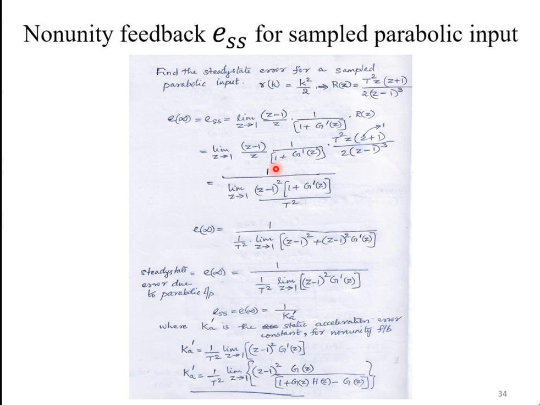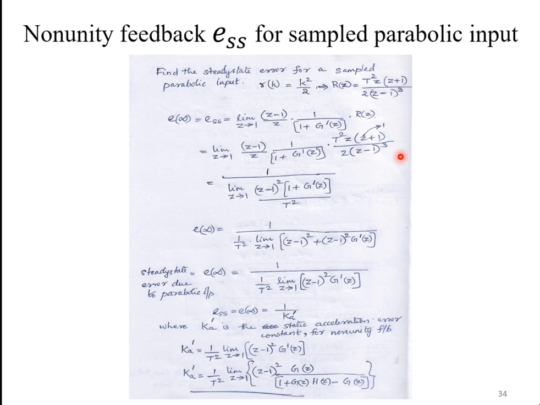It will end up as 1 over, and you know that 1 is not needed to apply the limits, so the limit is going to the denominator. So limit z tends to 1, (z minus 1) the whole square into (1 plus G'(z)). Here these two get cancelled, and out of (z minus 1) cube, one factor of (z minus 1) is cancelled with this one.